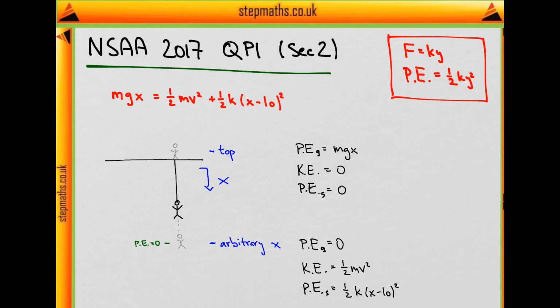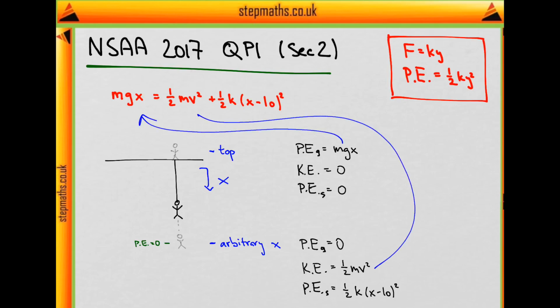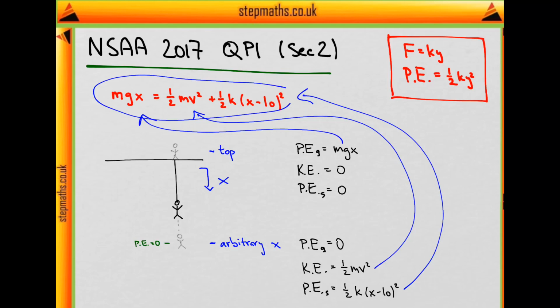And since energy is conserved, we can equate these two energies. So we have that mgx equals half mv squared plus spring energy at the bottom. And now this is a key equation we're going to be using, because it links Alice's position and speed at every given point.